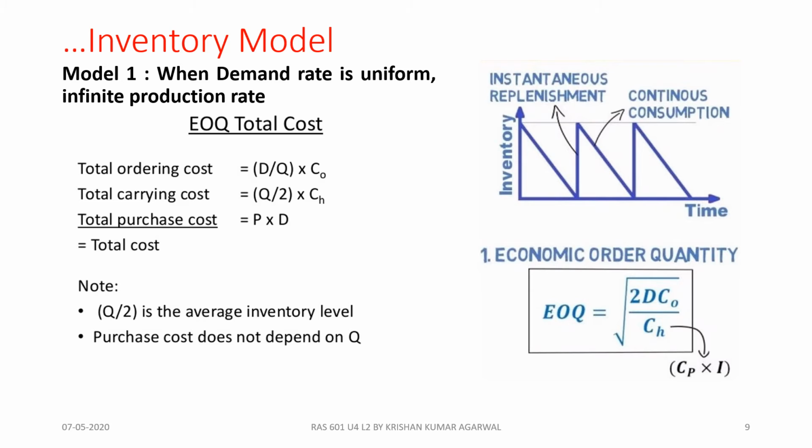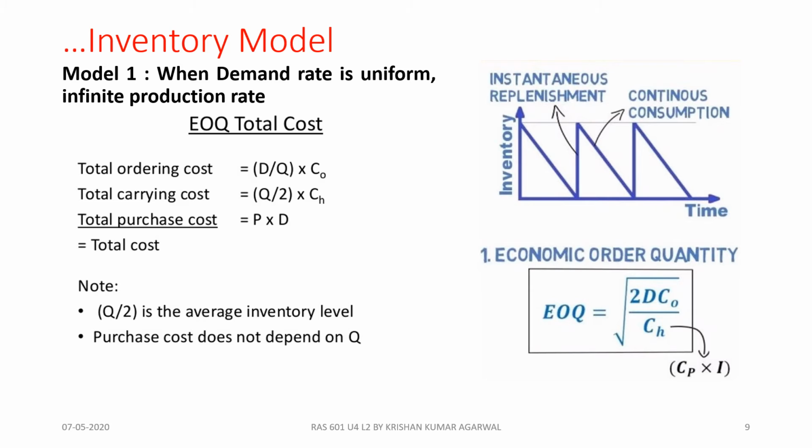In order to calculate the cost related to inventory and find the reordering point as well as the ordering quantity, first we have to calculate the total cost to maintain the minimum amount of inventory, that is, against the minimum carrying cost as well as minimum procurement cost. This is nothing but the EOQ, that is, economic order quantity.